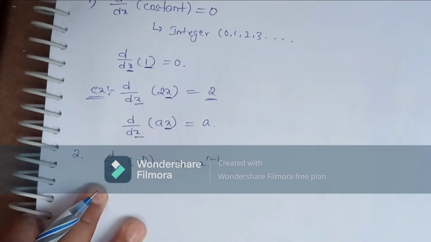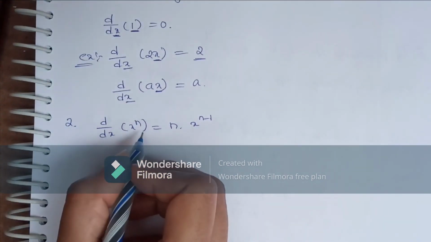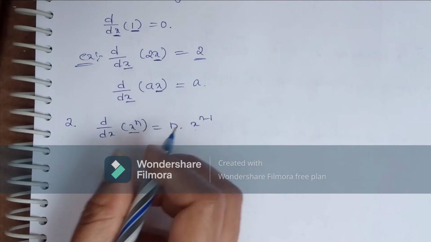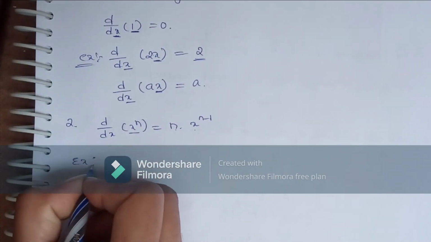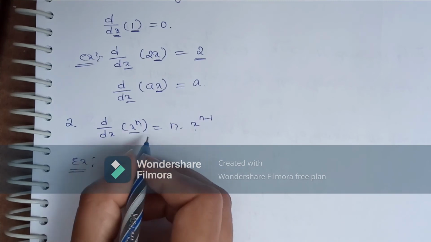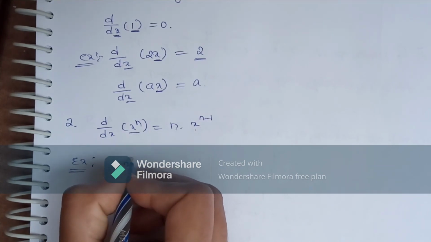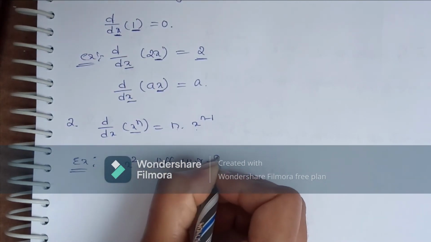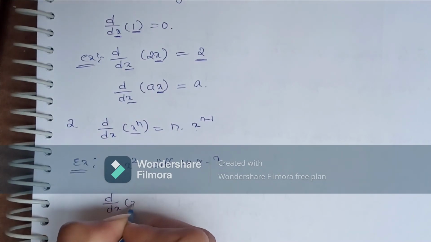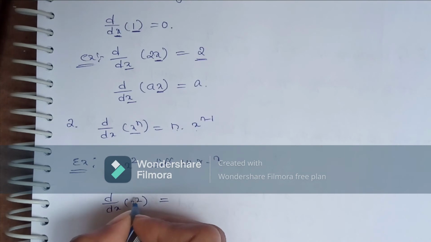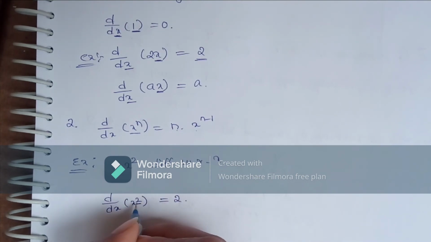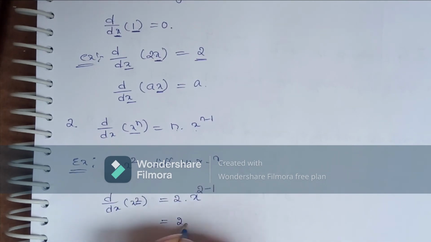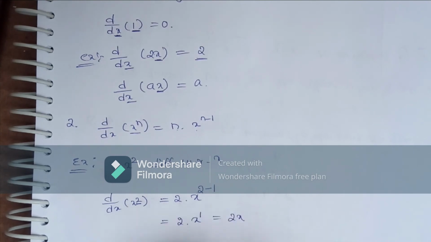These are the standard formulas, and we have to use them. For example, d by dx of x square: here n is 2, so 2 into x power 2 minus 1, that is 2 into x power 1, that means 2x.